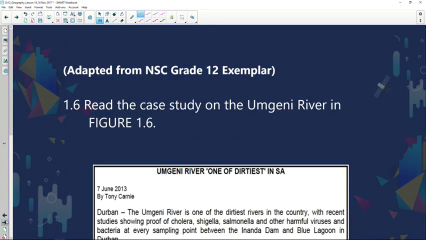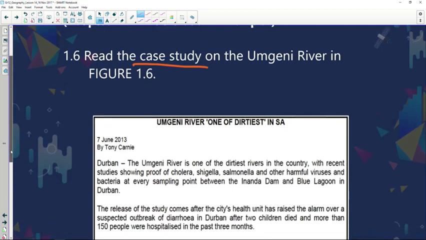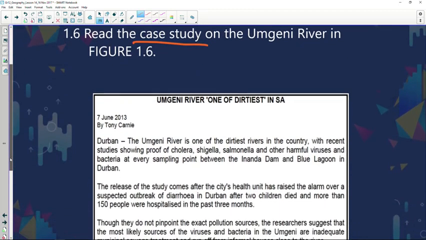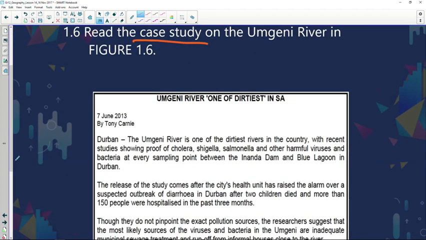Now 1.6 is a case study about the Umgeni River in KwaZulu-Natal. If you quickly read with me, the Umgeni River is in KZN. The Umgeni River is one of the dirtiest rivers in the country, with recent studies showing proof of cholera, salmonella, Shigella, and other harmful viruses and bacteria found in the Inanda Dam and the Blue Lagoon in Durban.